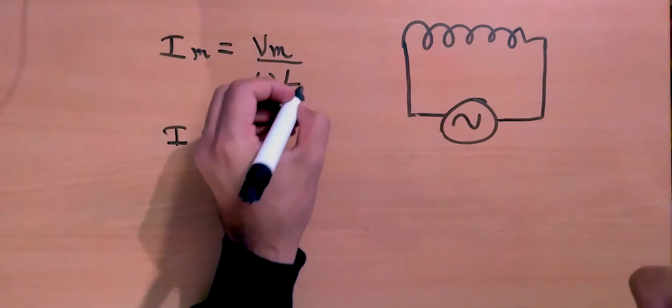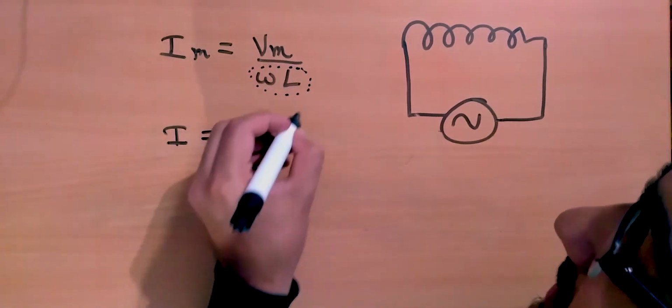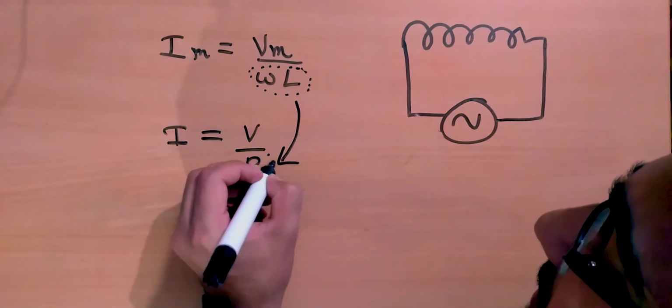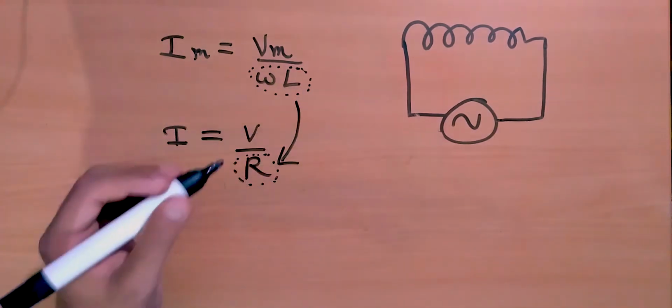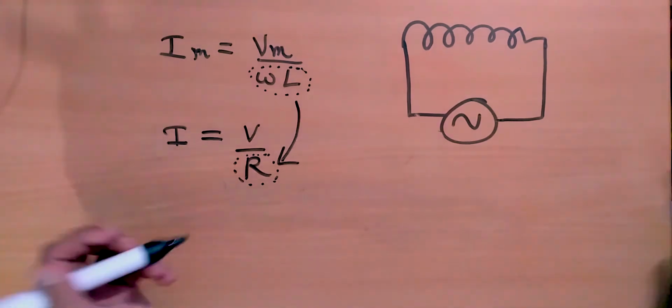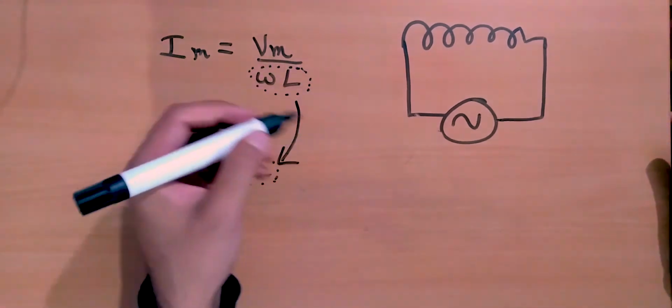And if you see that this term here, omega L, is actually analogous or similar to this term here, called the resistance. And so you can imagine this omega L as this thing that is actually opposing the flow of current. Here resistance opposes the flow of current, and here omega L is opposing the flow of current.